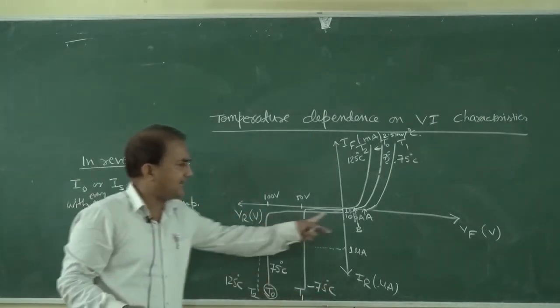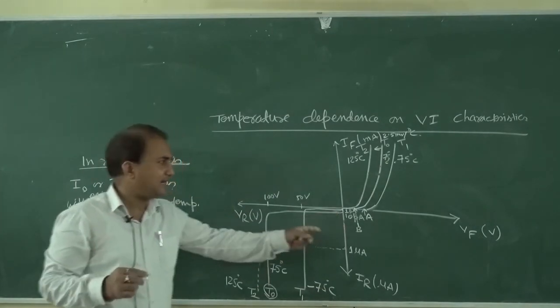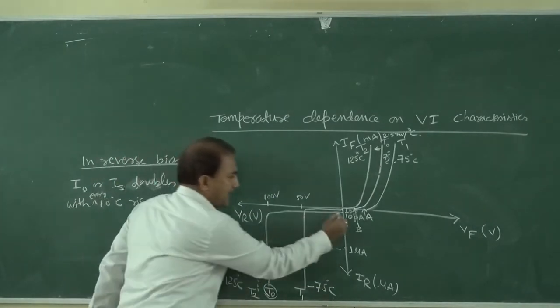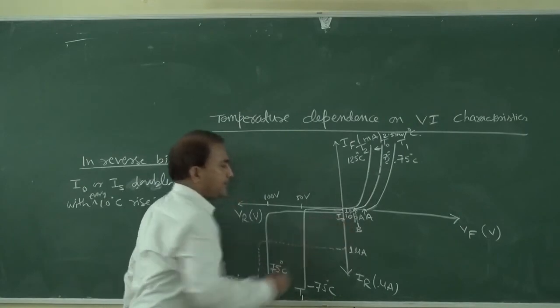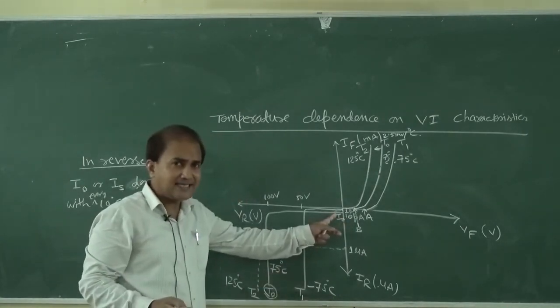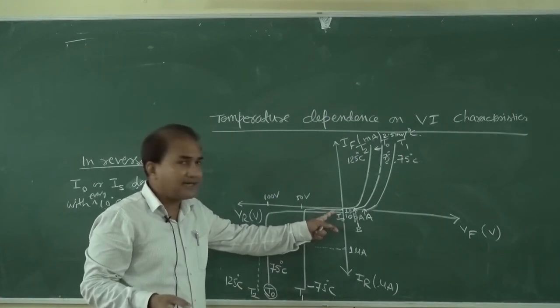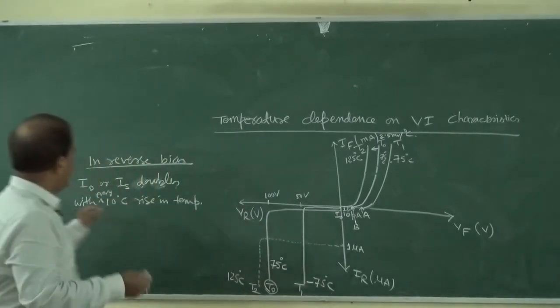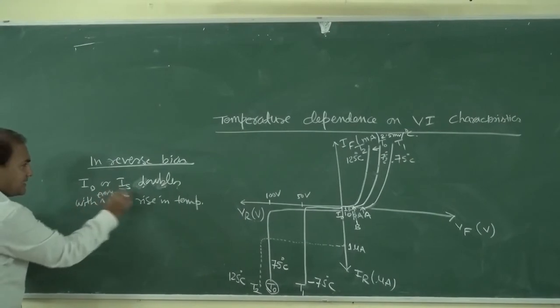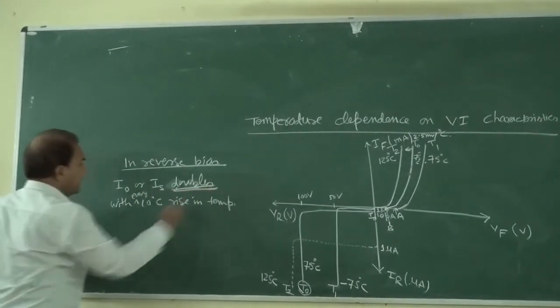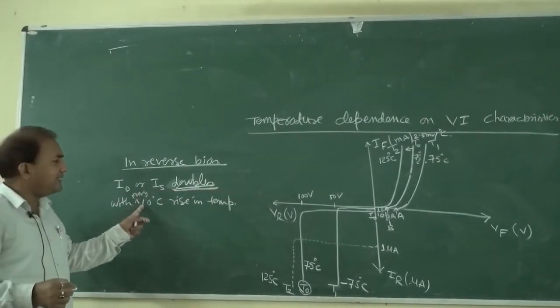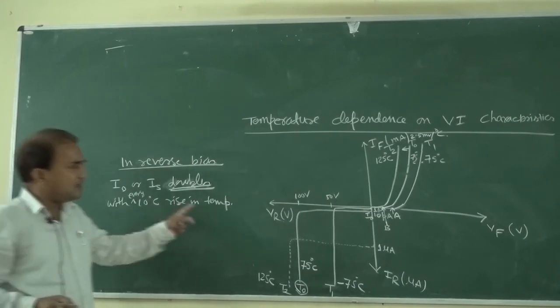Now earlier the graph is like this. With the increasing temperature, this I naught or IS, which is reverse leakage current, it increases. How much? It doubles with every 10 degrees centigrade rise in temperature.